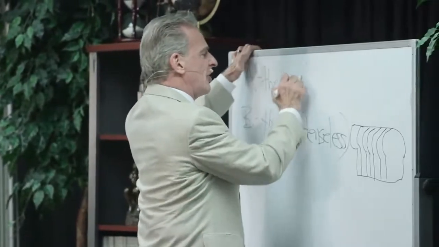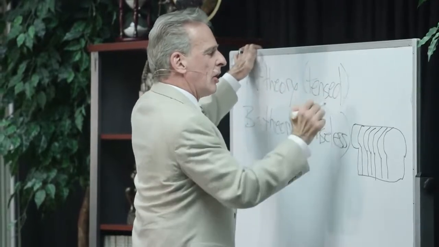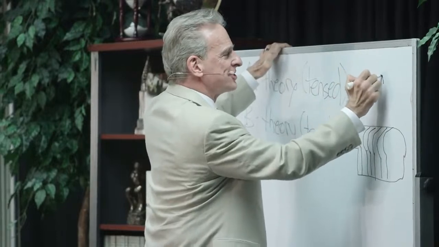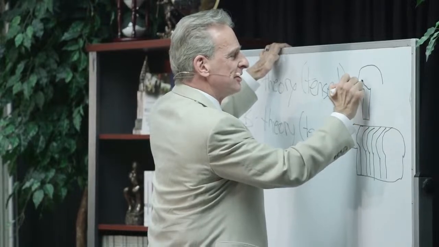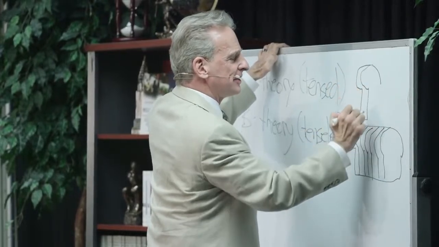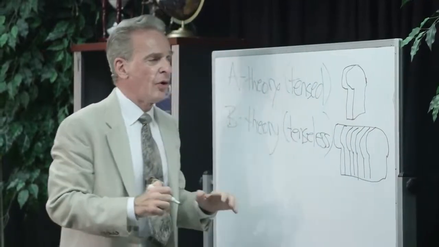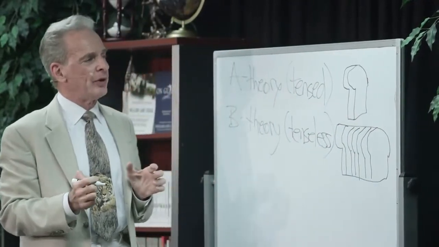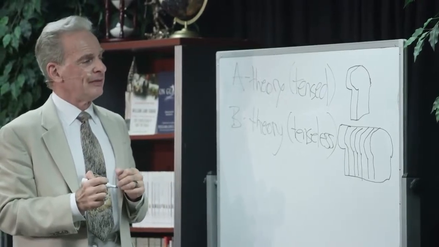By contrast, on the tensed theory of time, only the present slice exists. The other slices are unreal. They haven't yet come into being. And so only the present, only the now exists, and past and future moments are unreal.